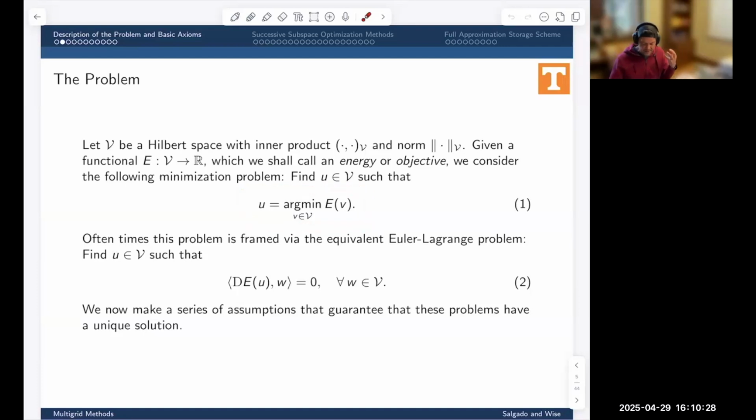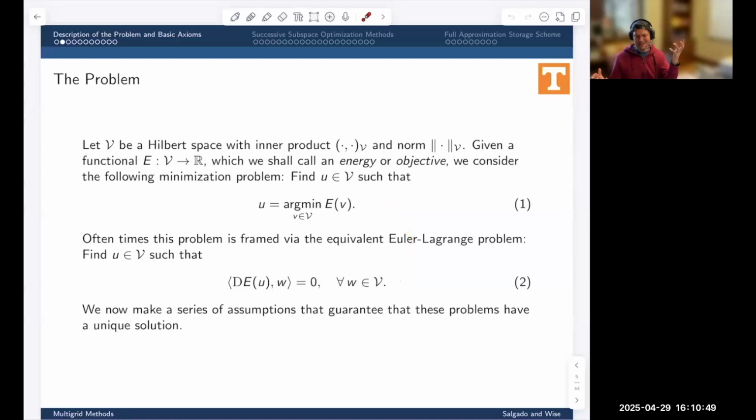If you're studying physics or an engineering problem, oftentimes you work in this way. One implies two. So we start with the physical energy problem, and then we derive our Euler-Lagrange equation 2, and then we try to solve 2. In other cases, we're going from 2 and trying to get back to 1.